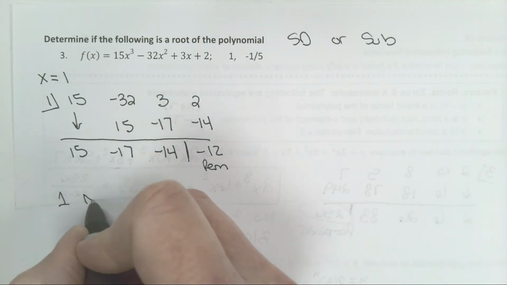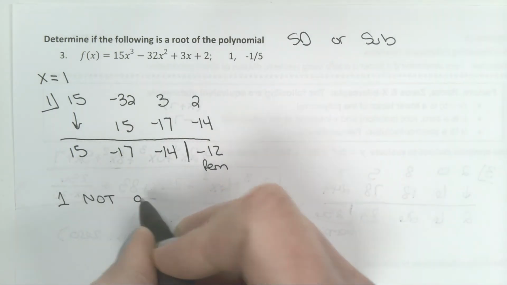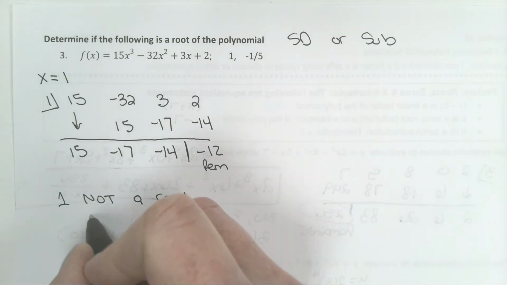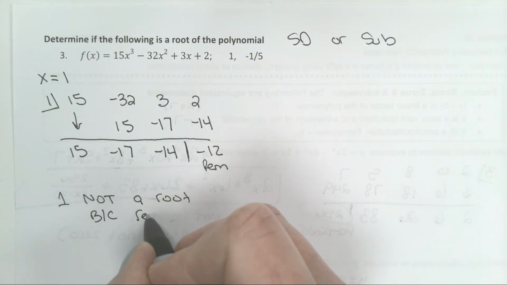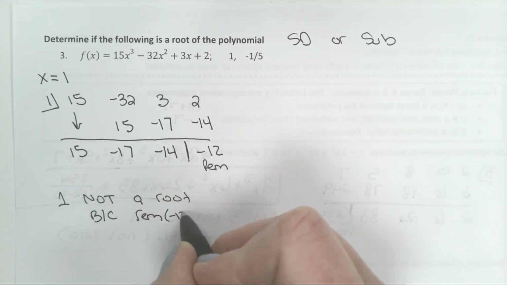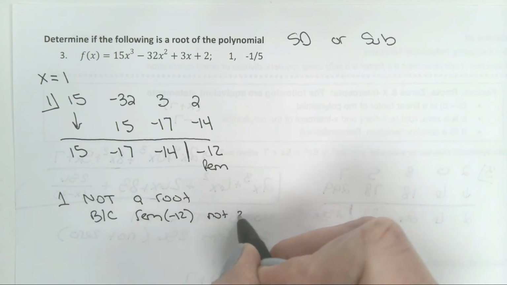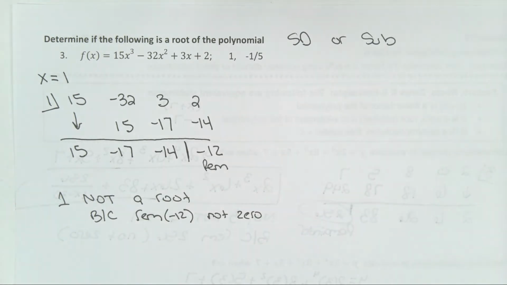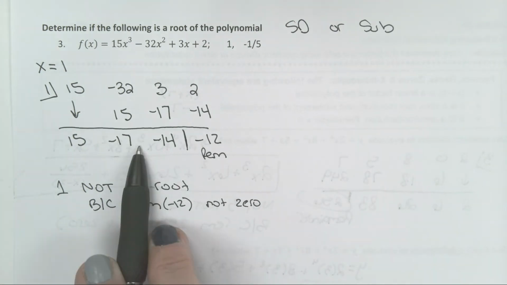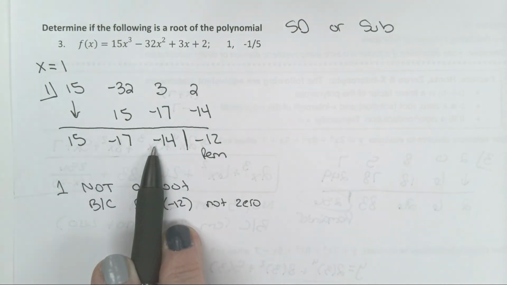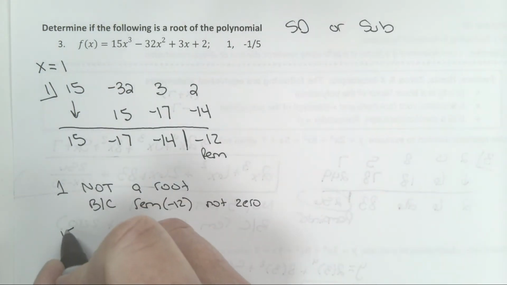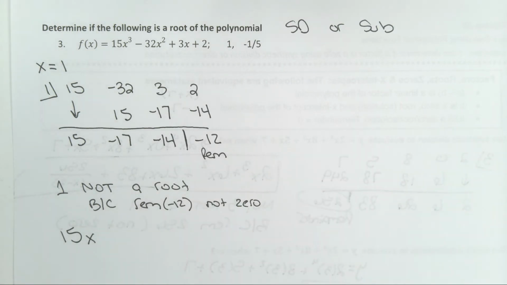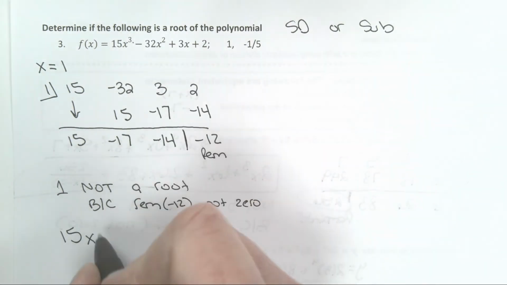So 1 is not a root because my remainder is negative 12, not 0. If you have to end up writing this, this is called a depressed polynomial. I'm going to put my variables back in. I started with x to the third.